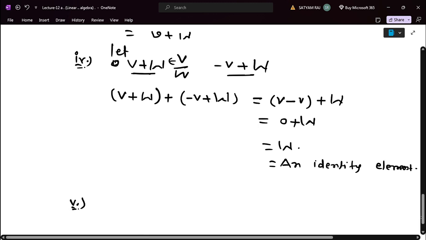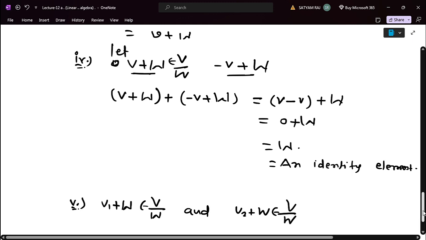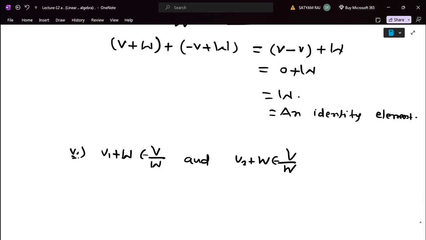Now we should have commutativity with respect to plus. So take any element v1 plus w belonging to capital V by w, and v2 plus w belongs to capital V by w. Now we will prove that it follows the commutativity property.